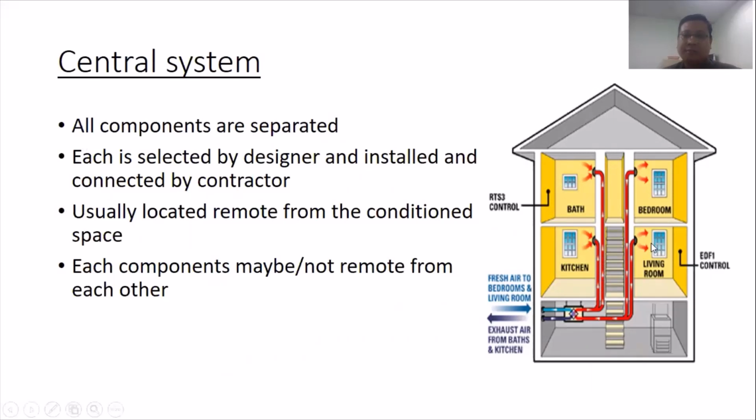Every room is different, but for one control condition: temperature, humidity, anything. It's selected by the designer and installed and connected by the contractor. Usually located remote from the conditioned space. Each component may not be remote from each other. Totally, the contractor will build it in the house with the ducting system.